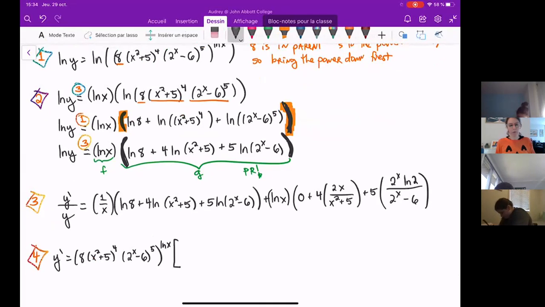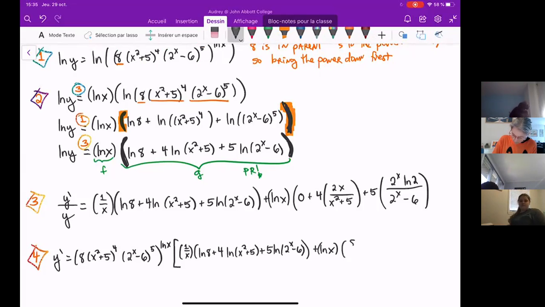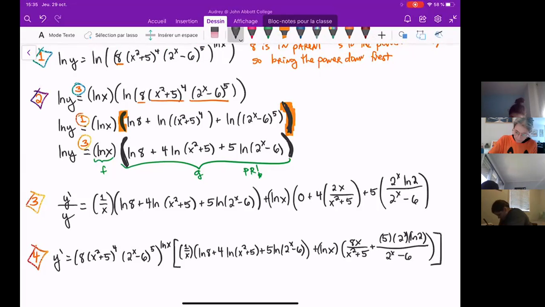I'm going to do these as brackety parentheses. It doesn't matter. They can just be big round parentheses times this. And that's my final answer.